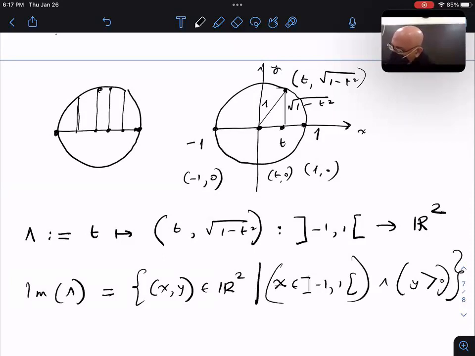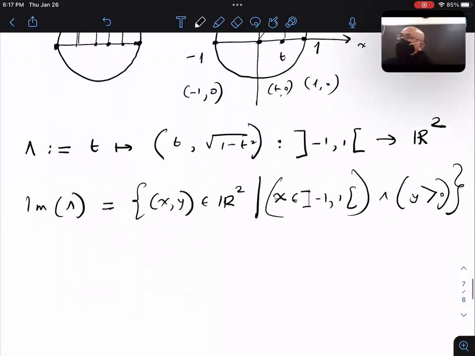Y cannot be equal to 0. That's the image of lambda, which, if I draw a picture, is this circle. It is the top half without the endpoints.